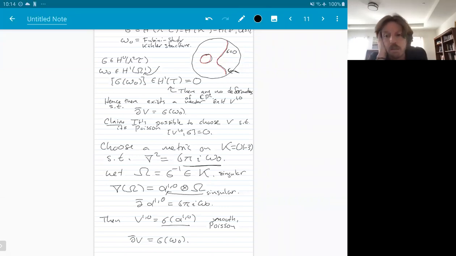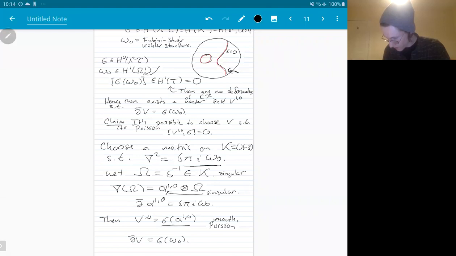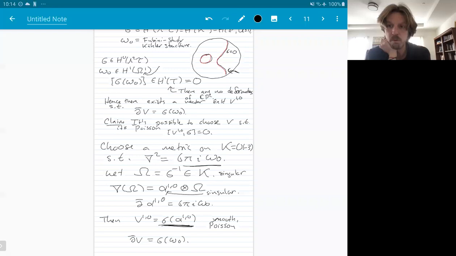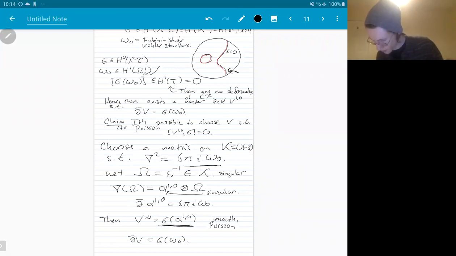I'm not 100% sure about this, but I think the fact that it's not going to vanish means that it will actually deform the vanishing locus. No, I think it can't. Never mind. It can't deform it because the two Poisson structures that we get at the end will have the same imaginary part of the Poisson structure.